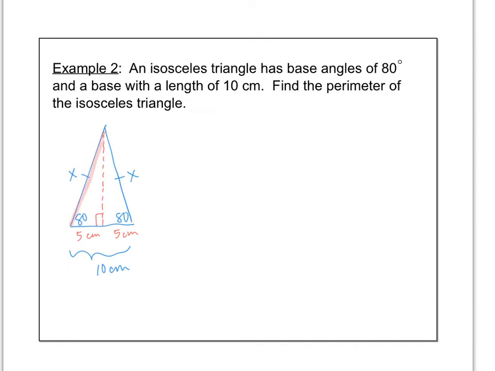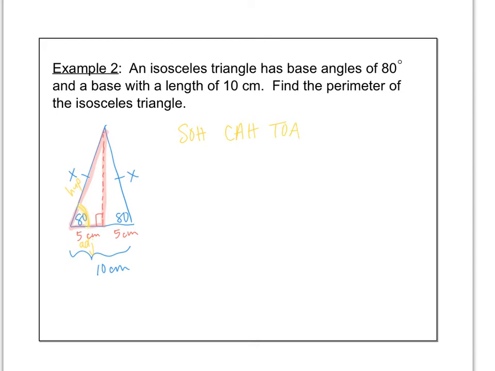For instance, I'll use this side right over here, highlighted in red, and I'm going to try to solve for x using trigonometry. So think about your 80-degree angle. Here's your 80-degree angle. What side is the 5 to that angle? Opposite, adjacent, or hypotenuse? It is adjacent. The side that we want to find, x, is the hypotenuse. Think about SOHCAHTOA.